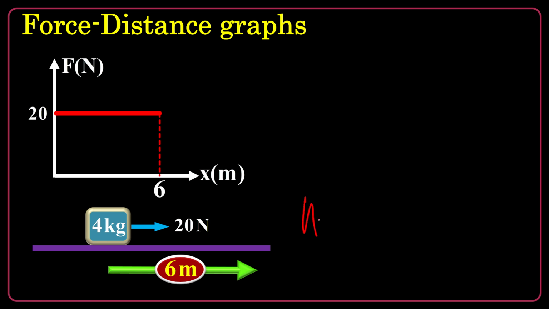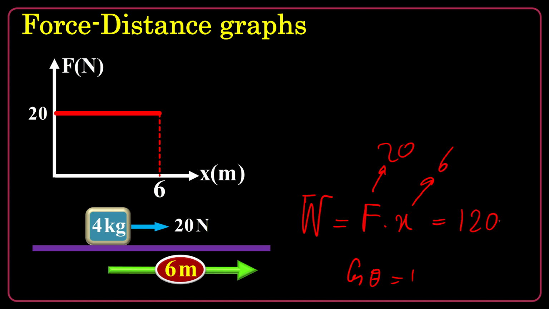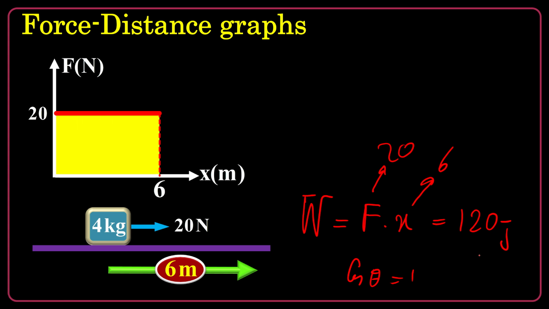If I find the work done, it's Fx, because cosine of theta is 1, theta is 0. So F is 20, x is 6. The answer is 120 joules. Now let's find the area under this graph. It's the same. Very interesting. 20 times 6, same value. So the work done by the force can be the area under the F-x graph.